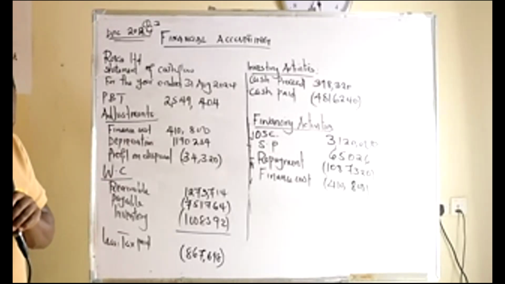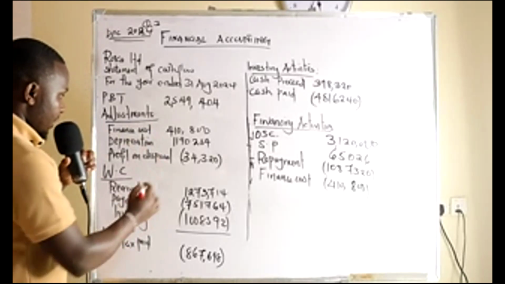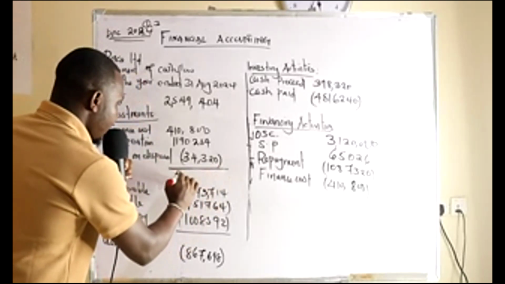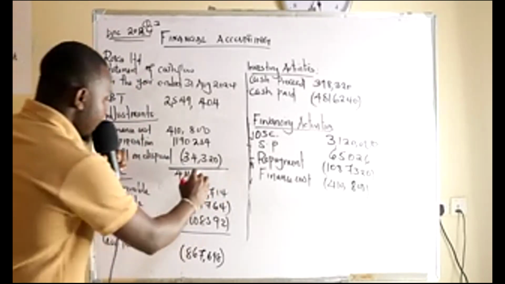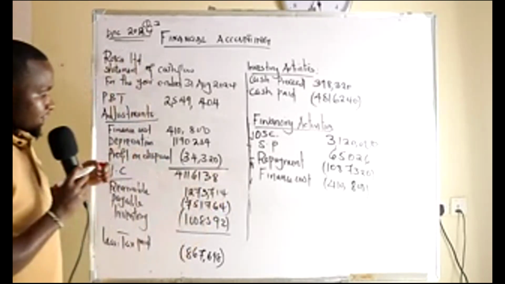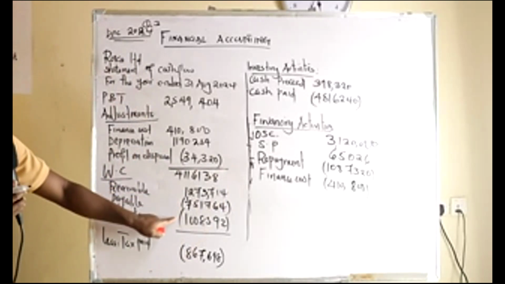So I'm getting a positive figure of 41,161,38. So adjust this one because this is one element.